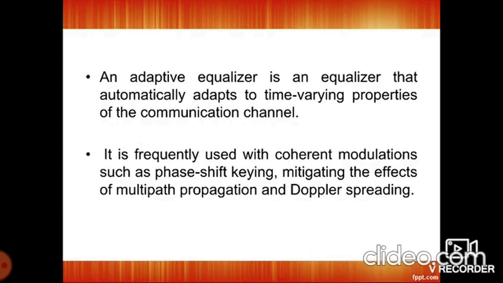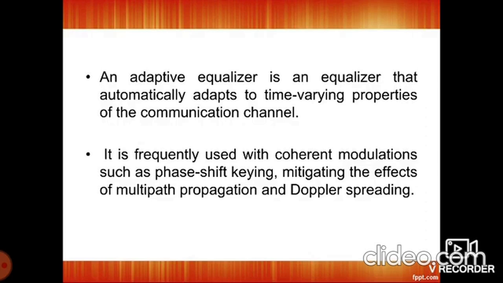It is an equalizer that automatically adapts to the time varying properties of the communication channel. So, the basic principle of adaptive equalization is that the filters first adapt themselves to the dispersive effects of the channel, that is, the coefficients of the filters are changed continuously according to the received data.